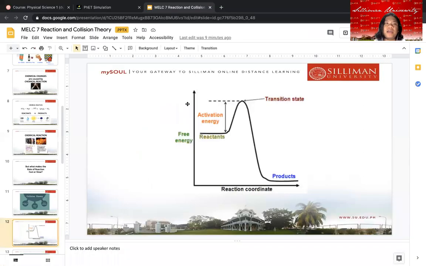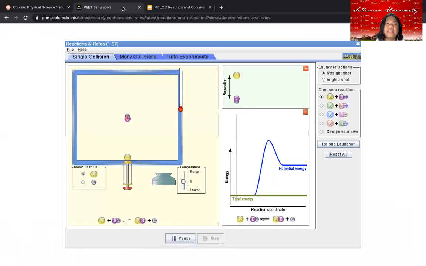I have here a simulation using the PhET simulation by the University of Colorado. Basically here, you have a graph representing the energy and the reaction coordinate. So let us try to give just a small amount of energy. You can see here, this green line represents the level of energy that you provide to your reaction.